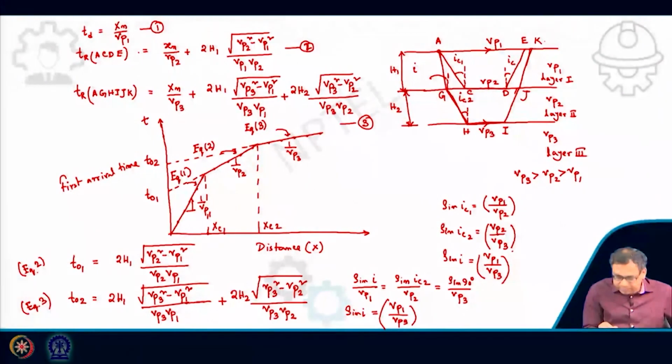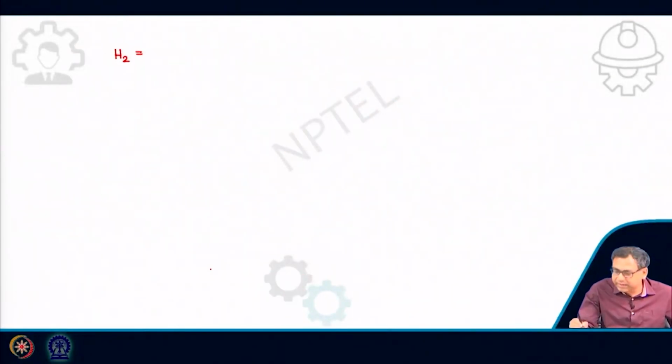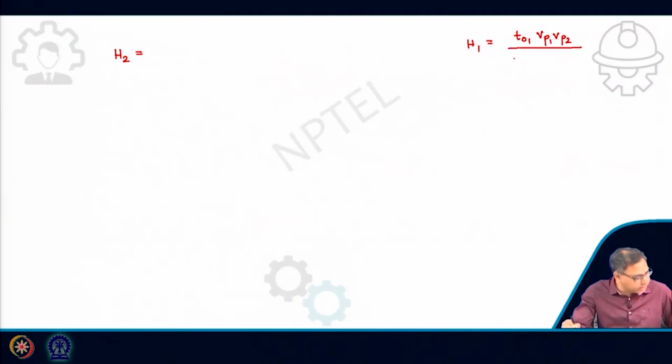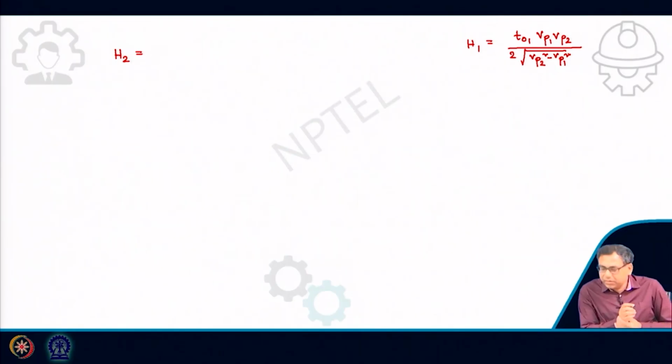But first I will get the expression of H1, that is T01 Vp1 Vp2 divided by 2 root over Vp2 square minus Vp1 square. Okay, so that expression of H1 I will get.